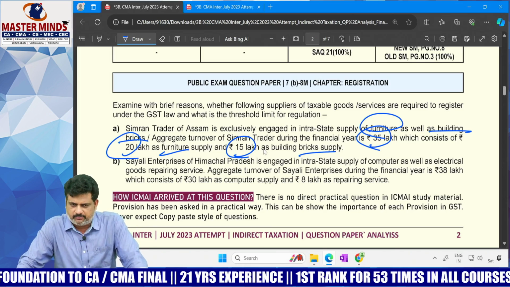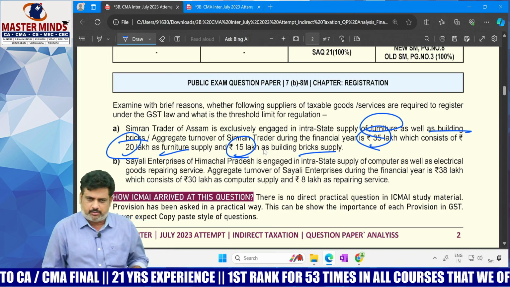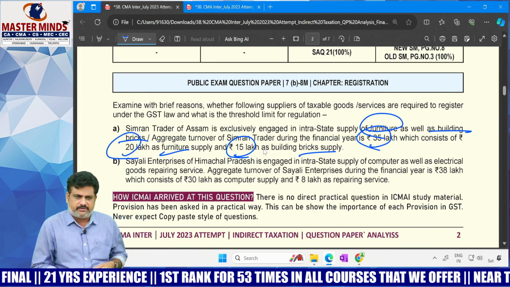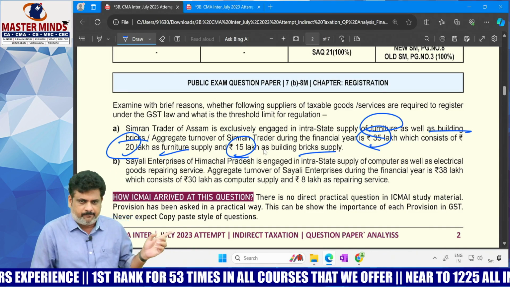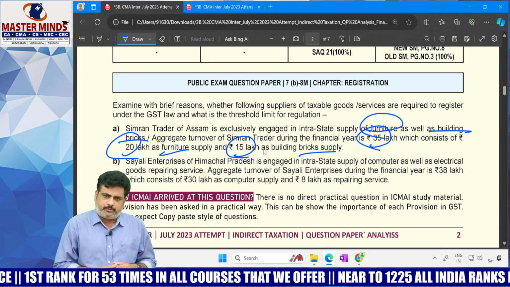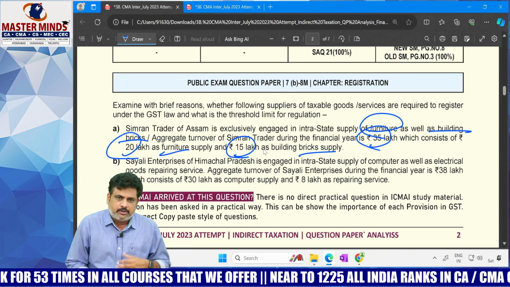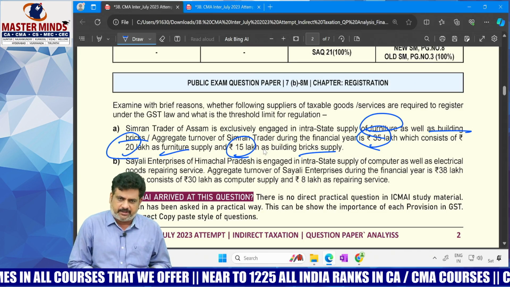But with respect to some notified goods like ice cream, pan masala, tobacco, aerated water, building bricks, fly ash bricks, roofing tiles, except aerated water, which is covered under composition scheme, the rest are covered under this registration also. With respect to those notified goods, instead of 40 lakhs, what is the limit that will be applicable? 20 lakhs is the limit that will be applicable.